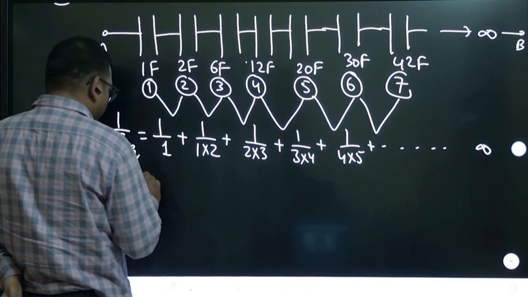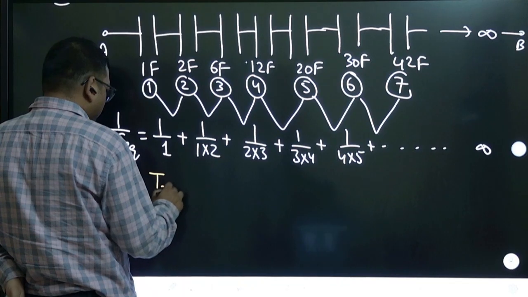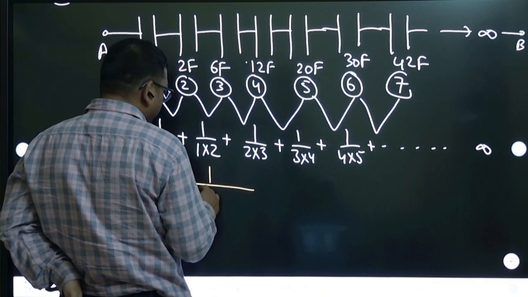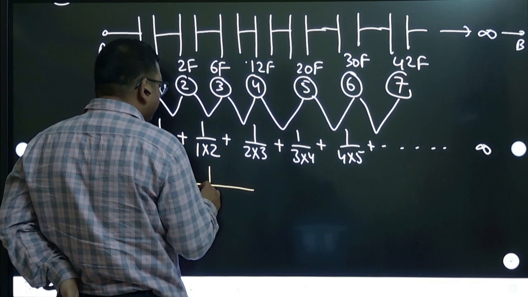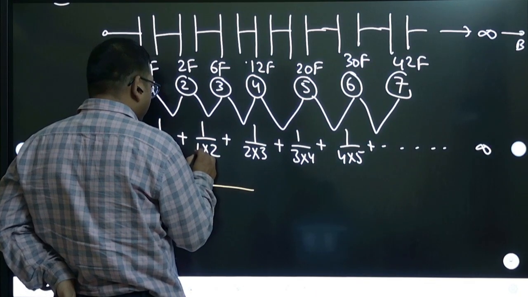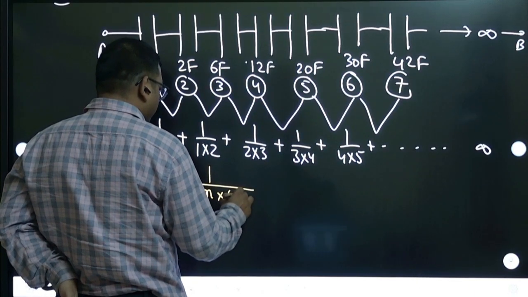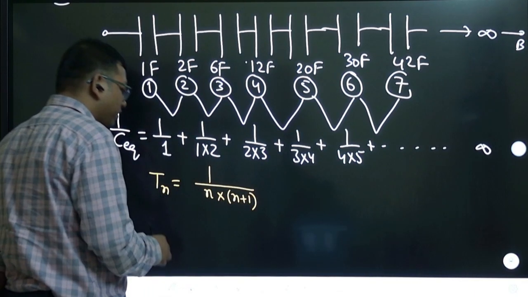Suppose I write the nth term. Generally in math they use like this nth term. When they write the nth term, suppose I take nth, so it is the product of n into n plus 1. I think it is like this only, right?